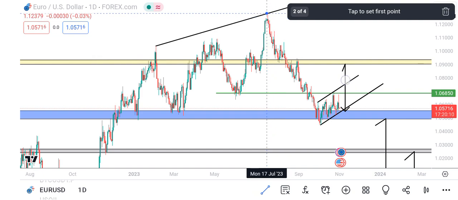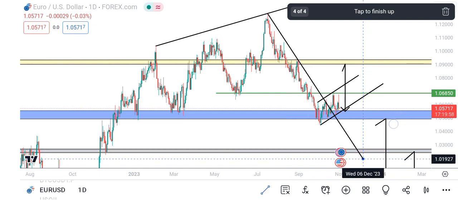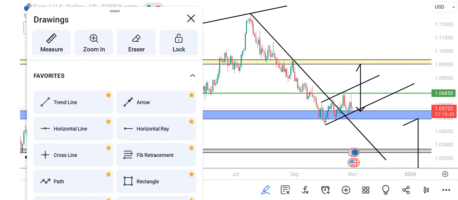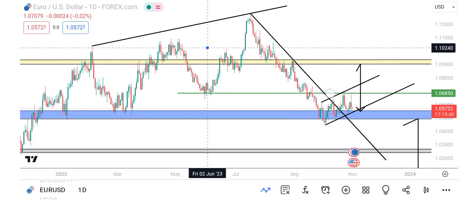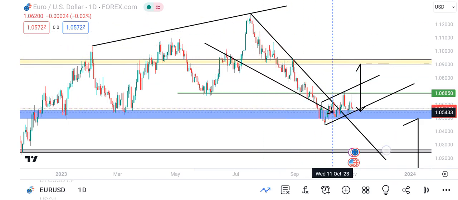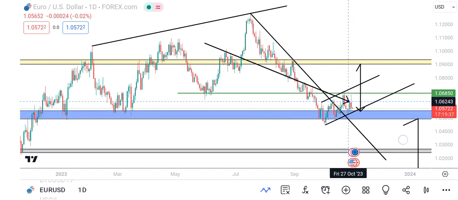If you draw it very well, you're going to notice that the market has come, broke it, tested it, and now it looks like it's beginning to move to the upside.